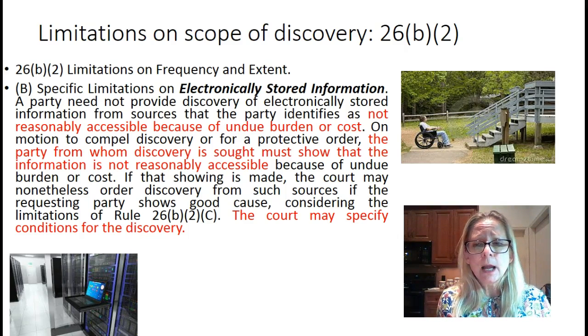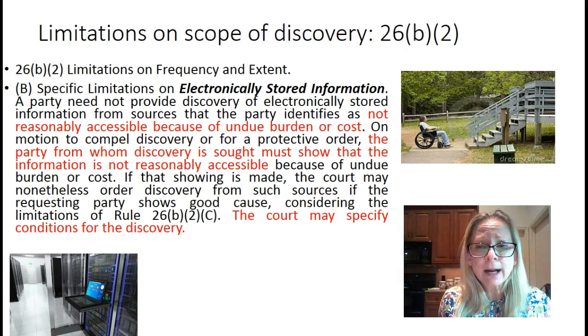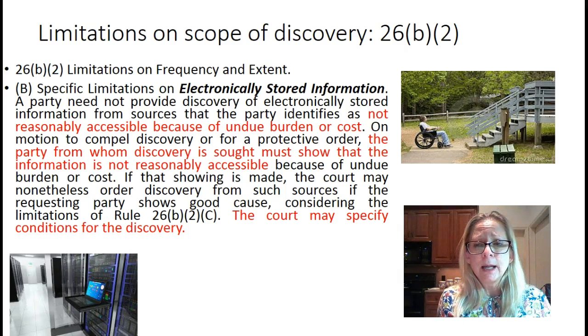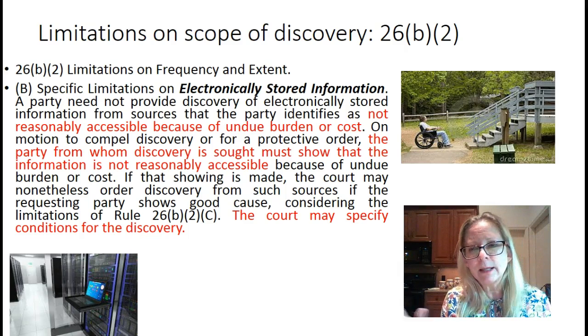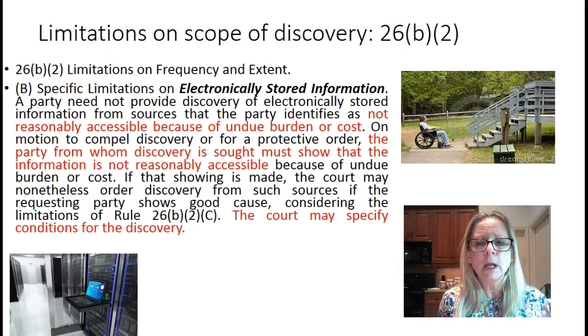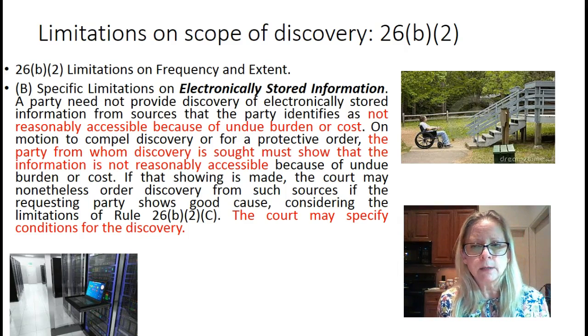And so when parties wanted these backup tapes produced, it did raise considerable issues of burden and expense because you have to fast forward through tapes, and you can't really search it, and the way that they were put together wasn't meant for anybody to be searching it, and so it would sometimes take thousands of attorney hours to go through these tapes and find responsive information.